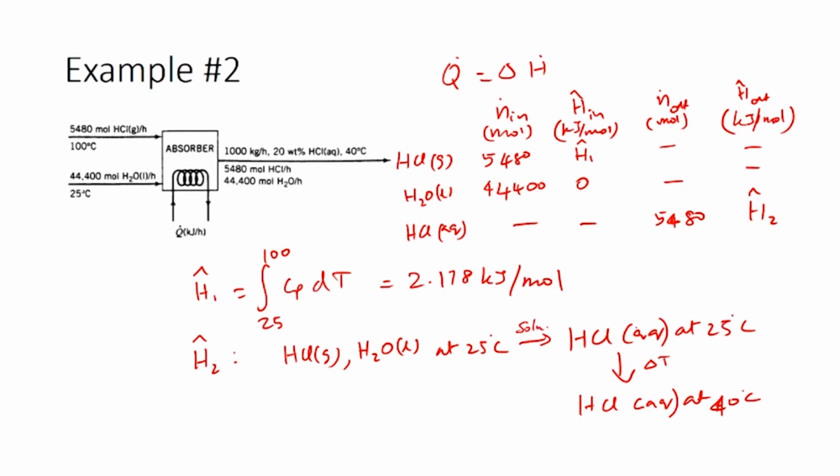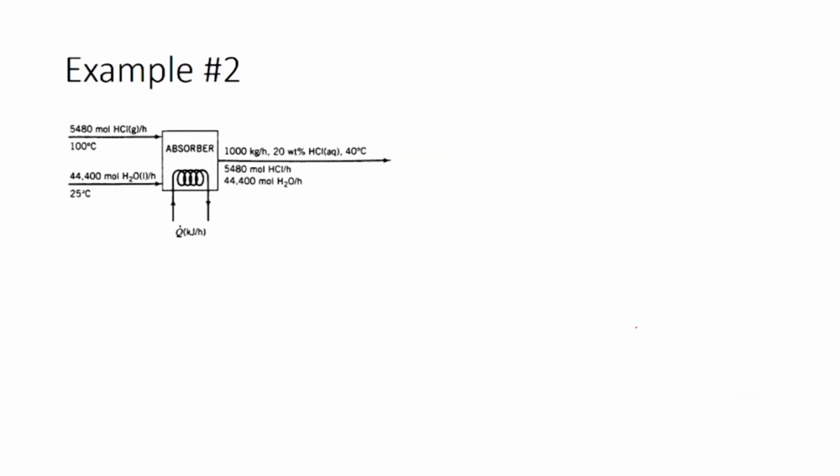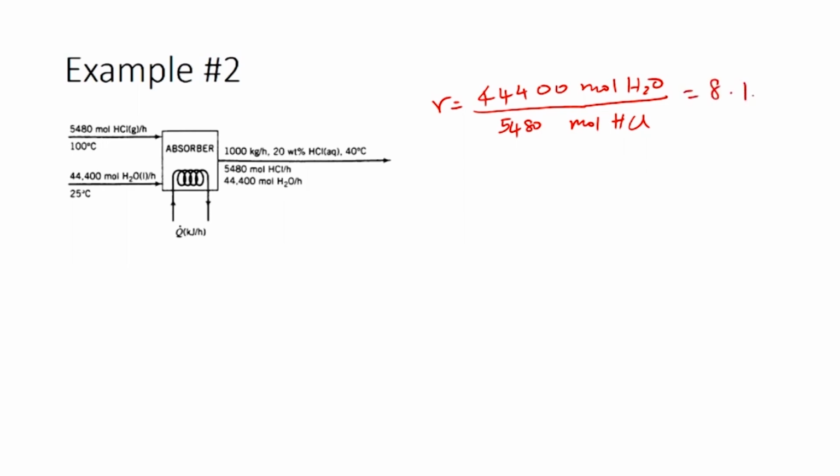For the first step we can get the change in enthalpy data using the table which lists the heat of solution. For identifying the heat of solution from the table we need to know the R value. So, R would be equal to number of moles of water per mole of HCl. So, we have 44,400 moles of water for 5,480 moles of HCl, which implies R is roughly 8.1.